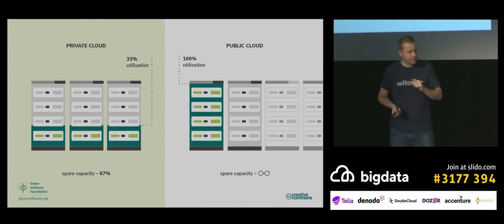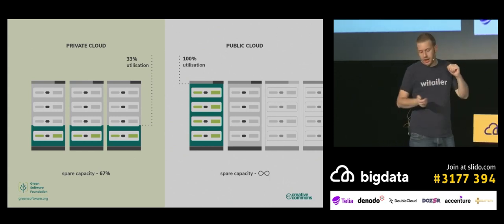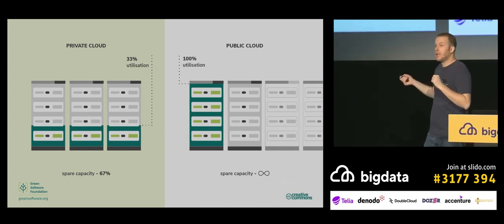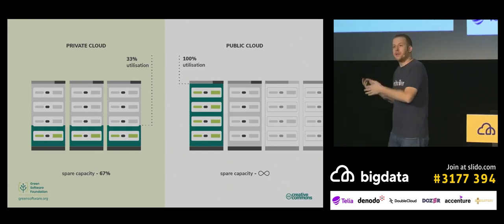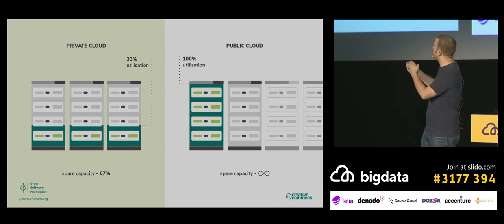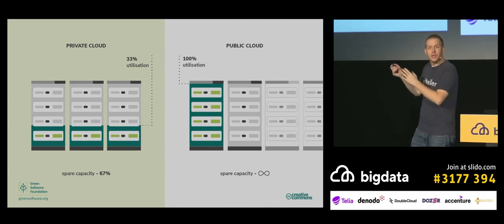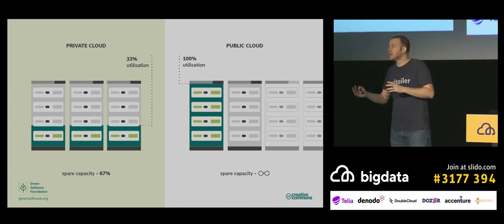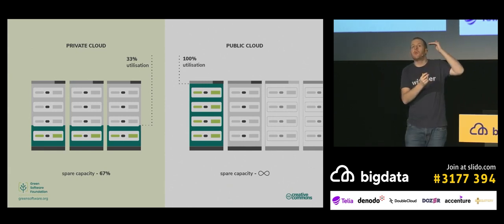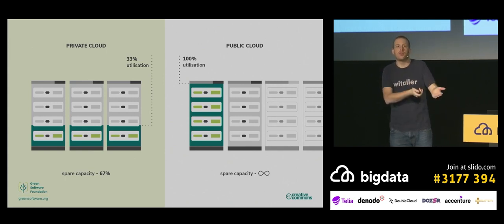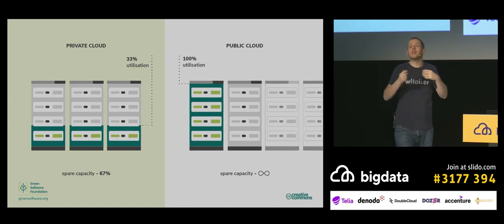Why? Because in the public cloud, providers have complete interest in making things work like this: pooling many clients and many resources on the same server to achieve 100% usage. That's why if you use platform as a service, serverless, and other technologies like this, you don't buy infrastructure or VMs.